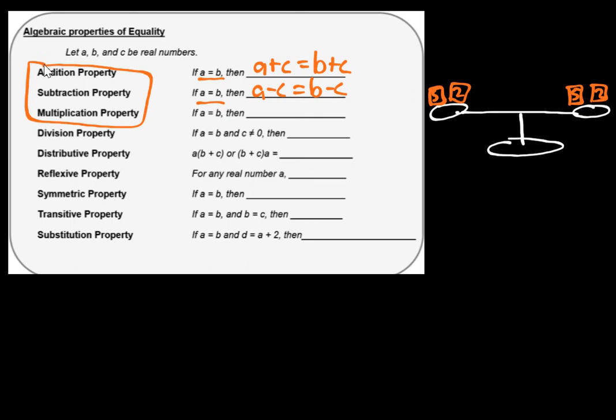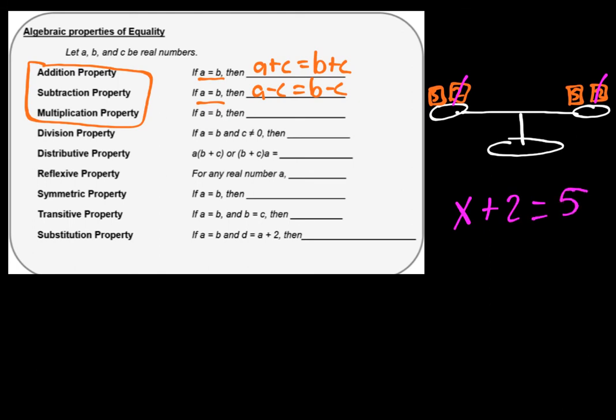Imagine for a second I took off the 2-pound weights. Would it still be balanced? Of course it would be. That's what the subtraction property is telling me: if I take the same amount from two equal things, they will still be equal. The way you've done this in the past would be something like this.